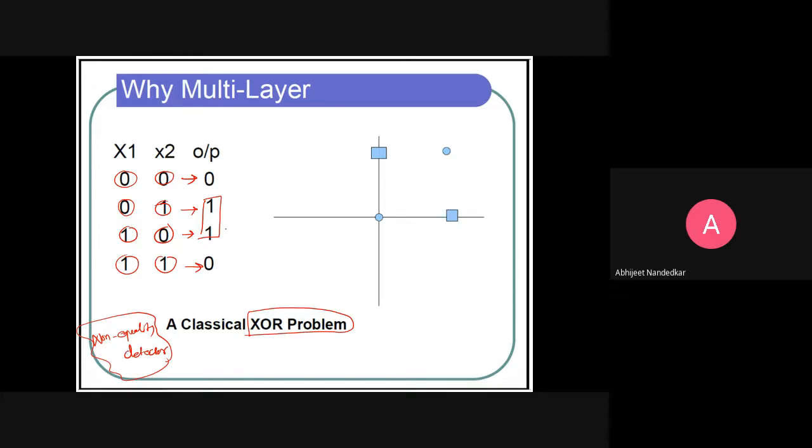Now if I plot, suppose I call this class 1, then these two things are class 2. So this 0, 0 point is class 2, then 0, 1 is class 1, and 1, 0 is class 1.